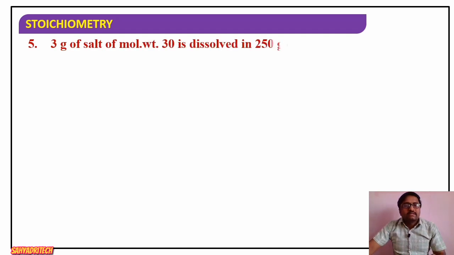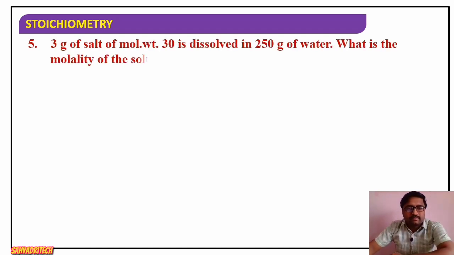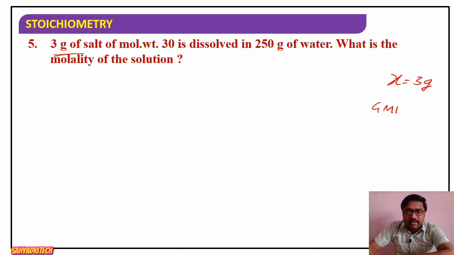Next one: 3 gram of salt. Say some salt X, we don't know which. 3 gram of salt, whose gram molecular weight is given, how much? 30 gram per mole, is dissolved in 250 gram of water.